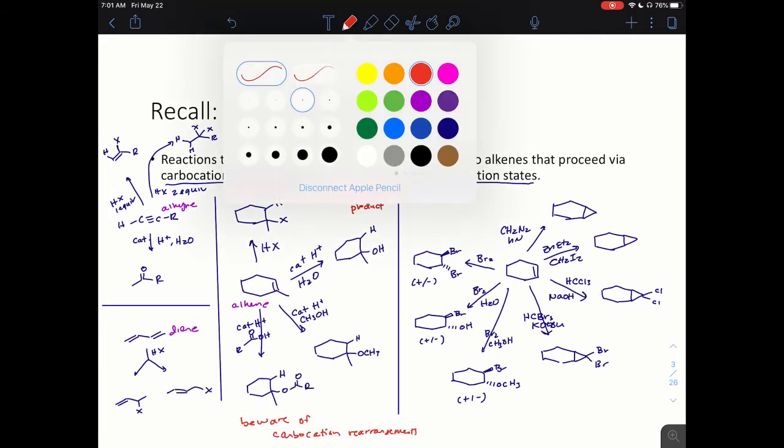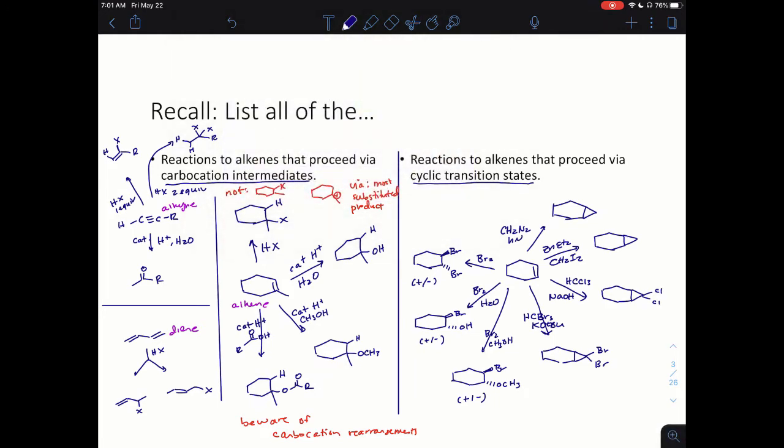When we examined the reactions of alkynes, we saw that they had similar selectivity. The electronegative atom in these reactions adds to the more substituted carbon. So X, the more electronegative atom, adds to the more substituted of the two carbons of the alkyne.